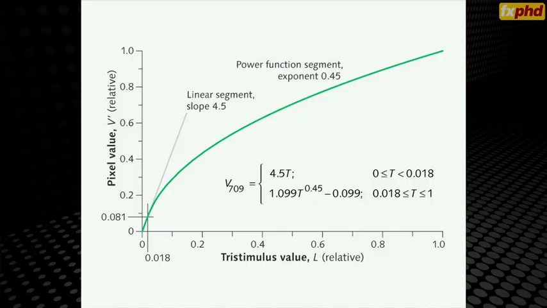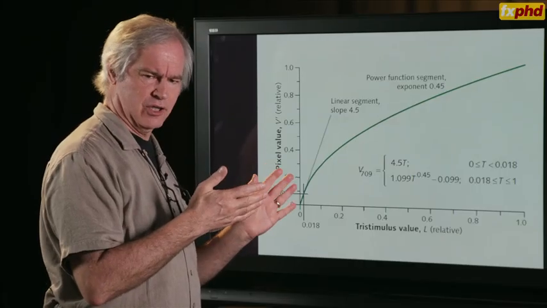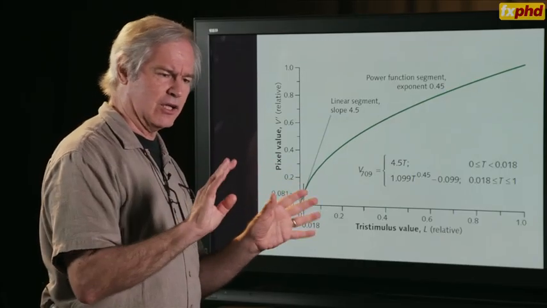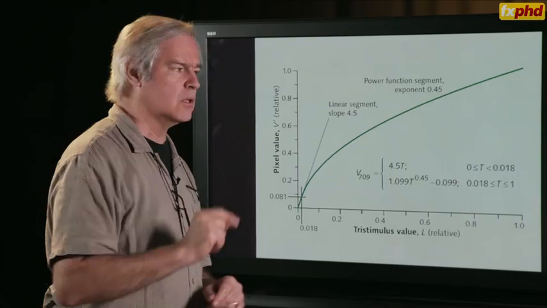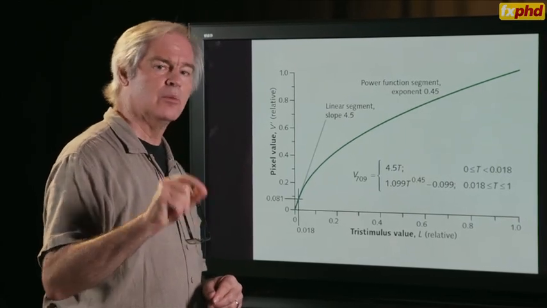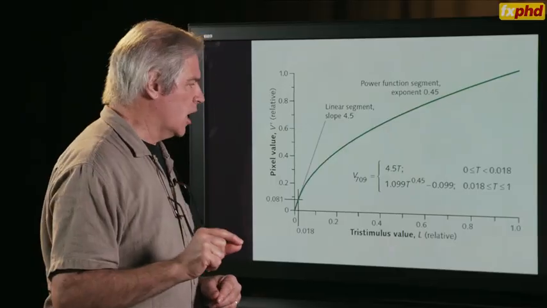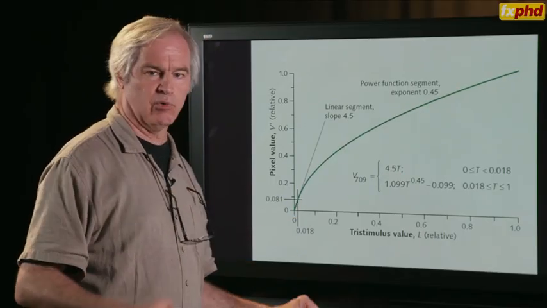And if you do the math to back this out and say, if I were just to treat that as a pure power function without any scaling and offsetting, what's the best estimate for the power? The answer to that question is 0.51. Not really that close to 0.45.